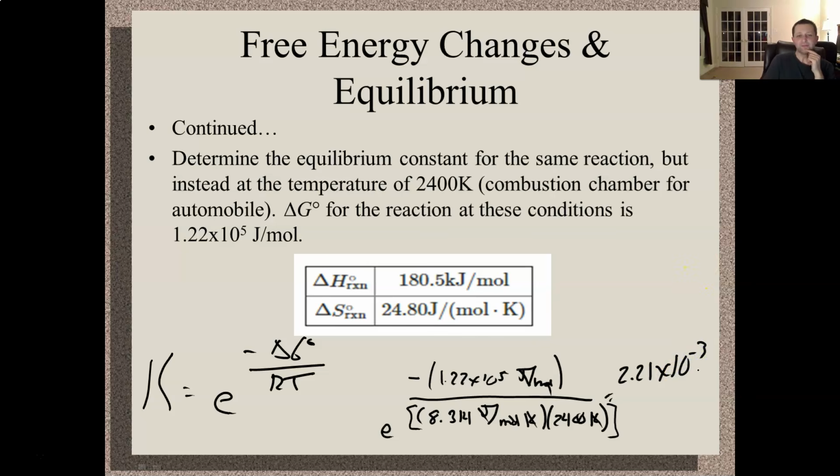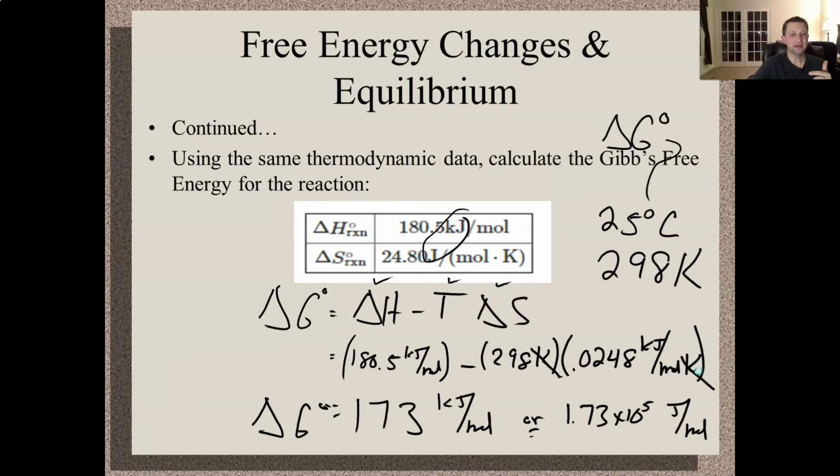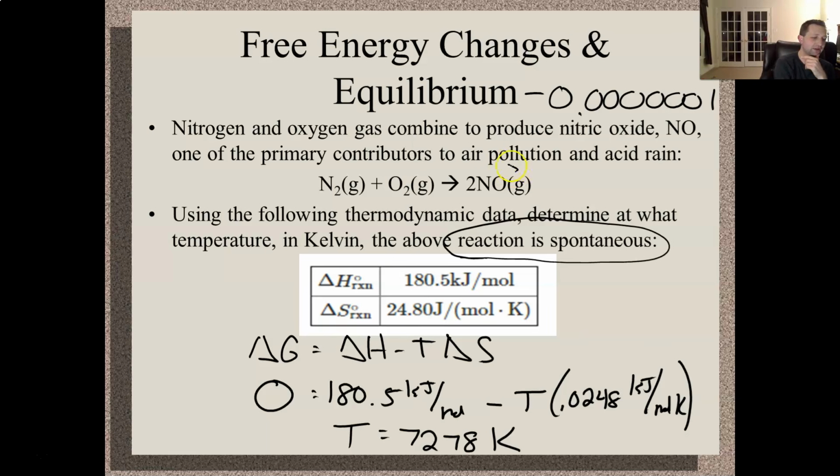Okay. It's still reactant favored, but it's not as reactant favored. So that's why in the combustion chamber for an automobile, 2,400 Kelvin is that temperature. You're going to create more product in this chemical reaction if we go all the way back to it. You're going to create more of this in the combustion chamber of the automobile than you are at room temperature, right?